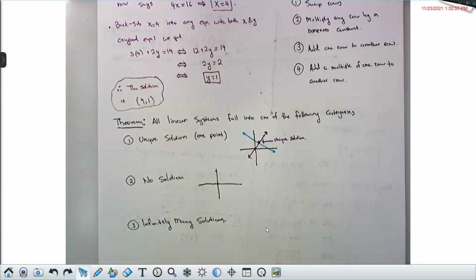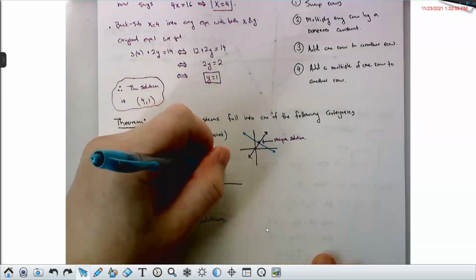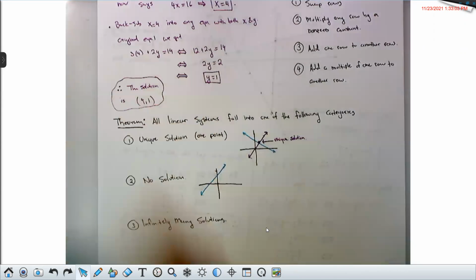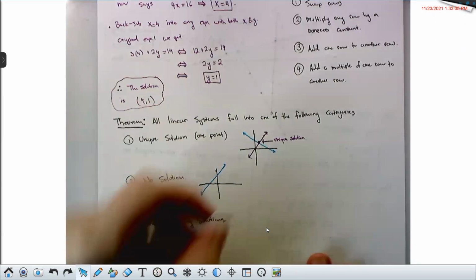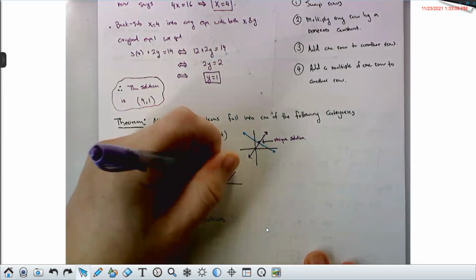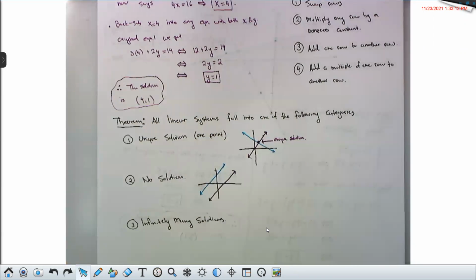We also know that if I give you two lines and they have the same slope, but different y-intercepts, those lines are parallel.